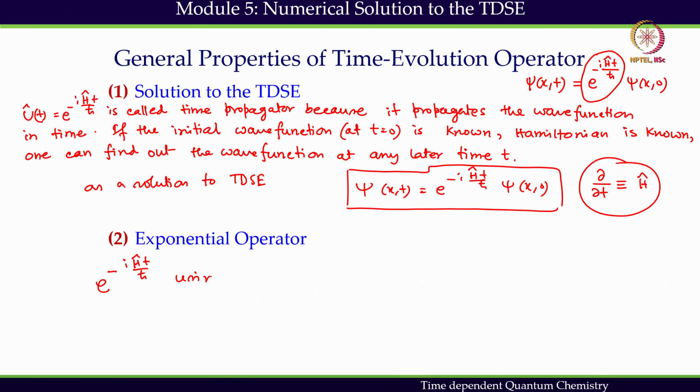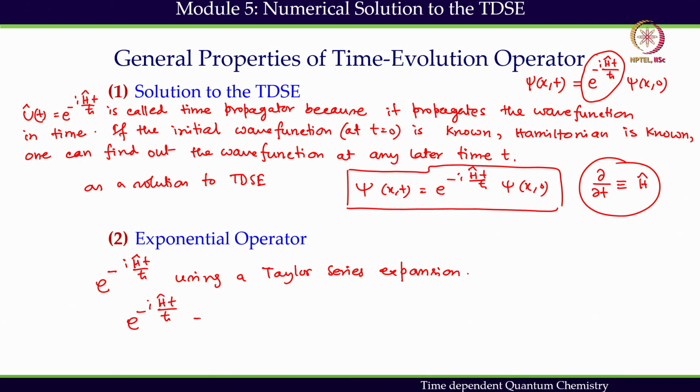Because it is an exponential operator, it has to be expressed using a Taylor series expansion, which we have used already in module 4, but here we are just mentioning it to collect all the general properties. So, how do I express this exponential operator?